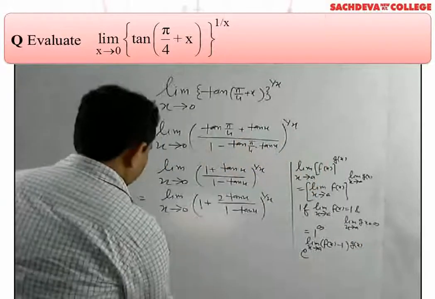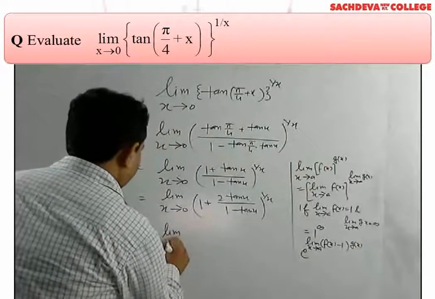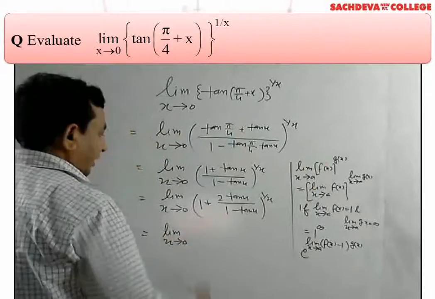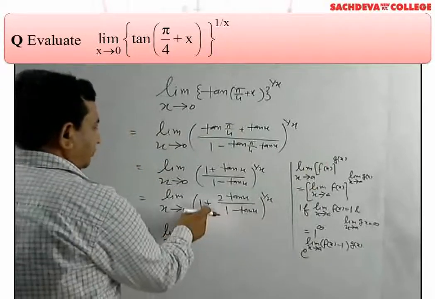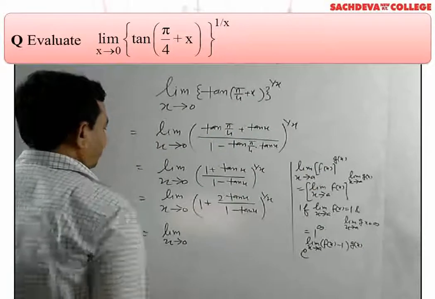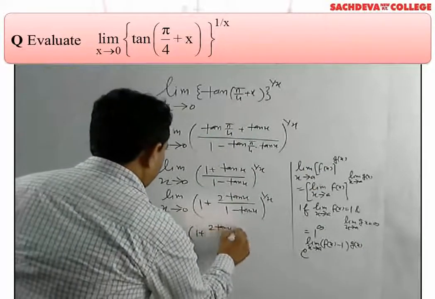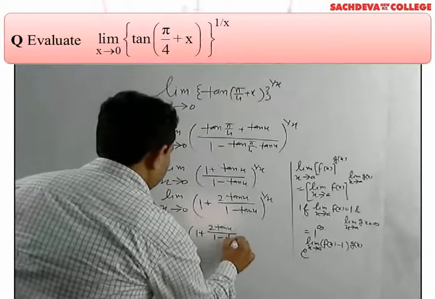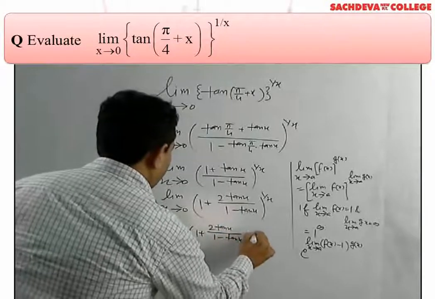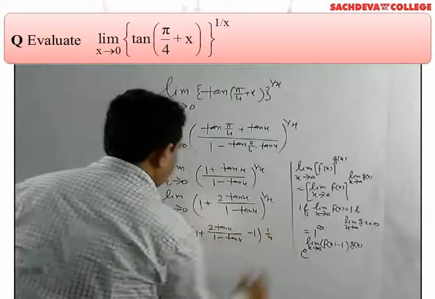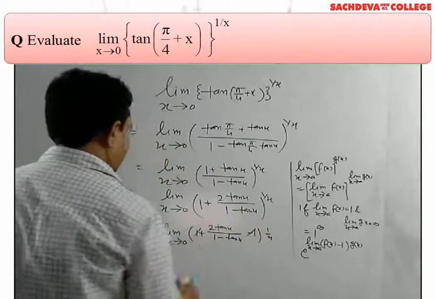So this will be equal to limit x tends to 0, f(x) minus 1. So f(x) is (1 + tan x)/(1 - tan x), which means (1 + tan x)/(1 - tan x) minus 1, into 1 upon x, and this cancels by this.